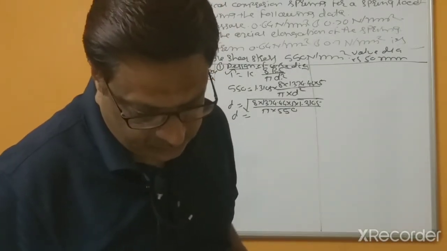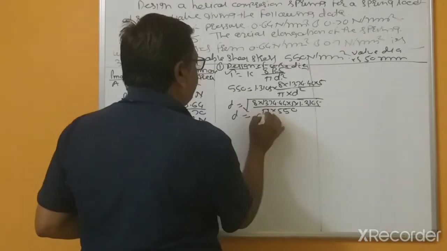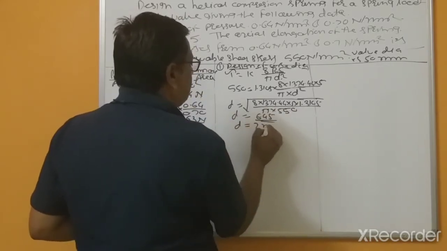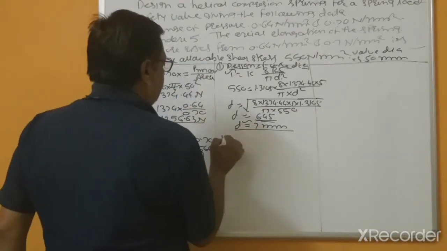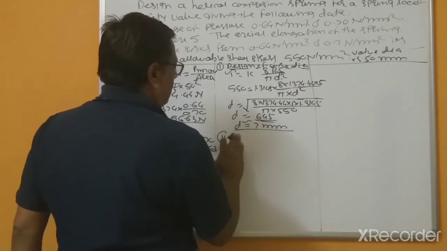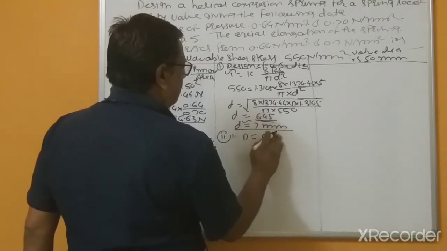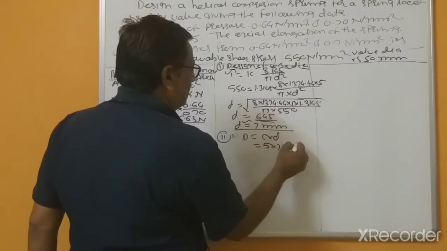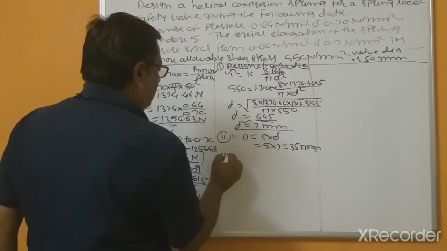I am getting the value 6.45. So d equals, suppose, 7 mm. Then capital D equals C into d, which is 5 into 7, 35 mm.